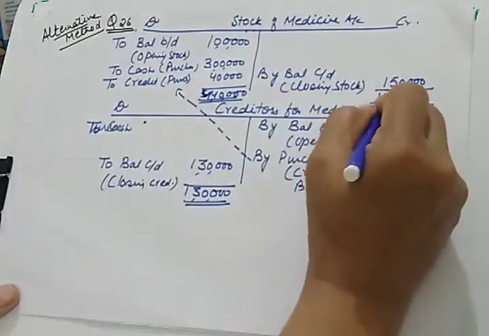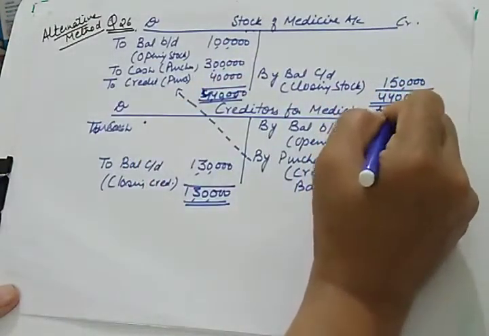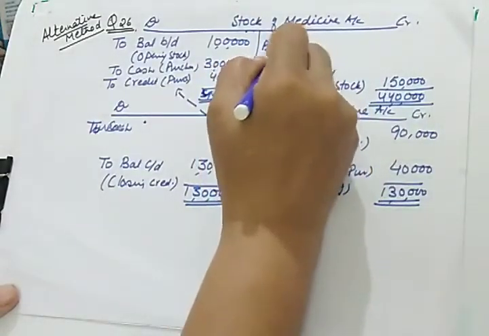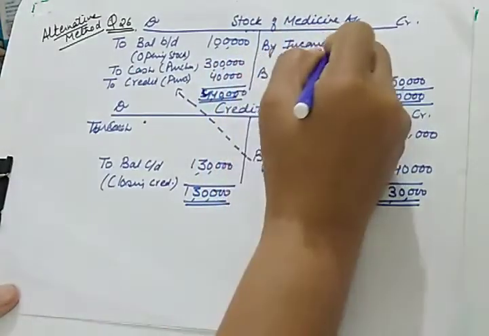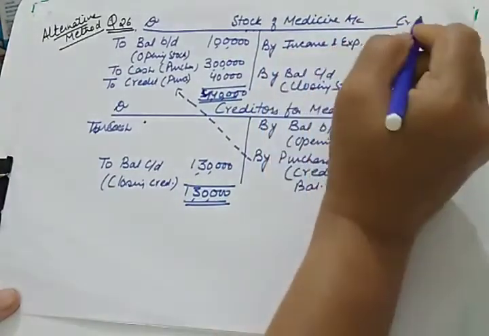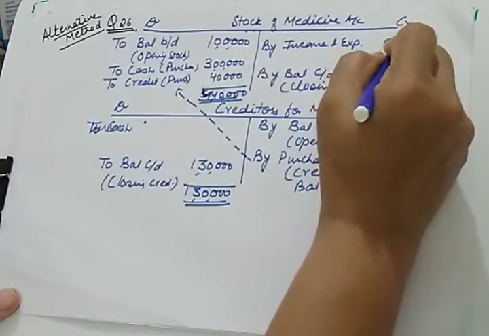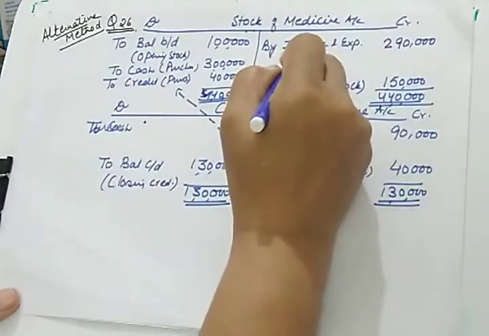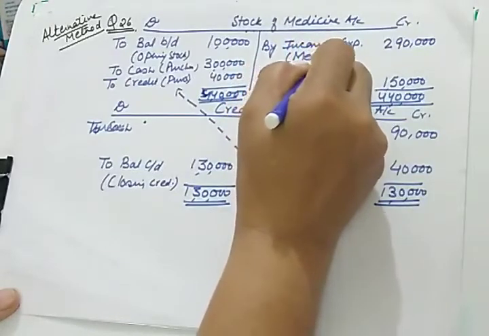4,40,000. Here also we will write 4,40,000, and the balancing figure will be the cost of medicines consumed, which will be debited to income and expenditure account. This is 2,90,000, medicines consumed.